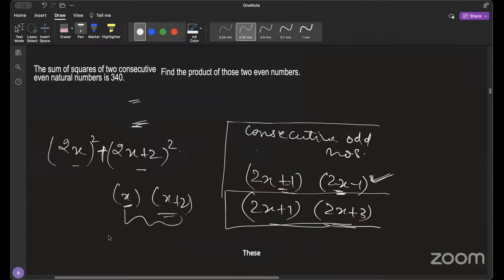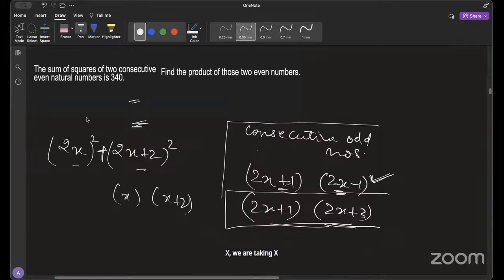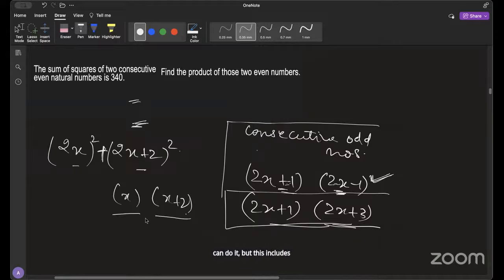Ma'am, but in the equation, if we are making the equation the sum of two consecutive even numbers, we are taking x and x plus 2, and putting it in the equation the sum of consecutive natural numbers as 340. I think we can do it, because if it is even, but this includes even and odd numbers both.